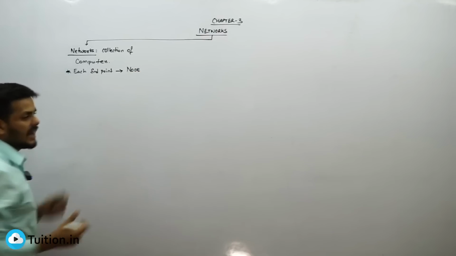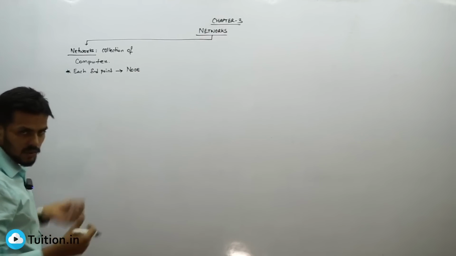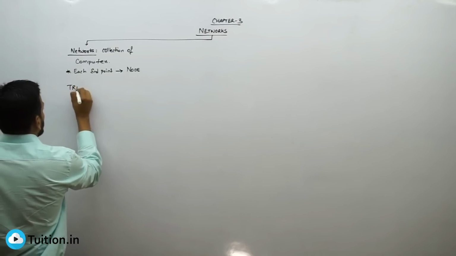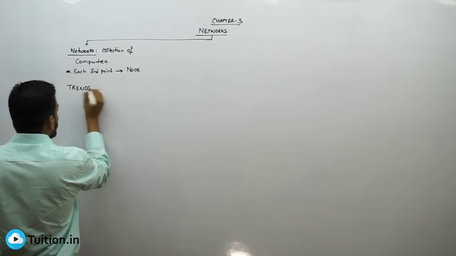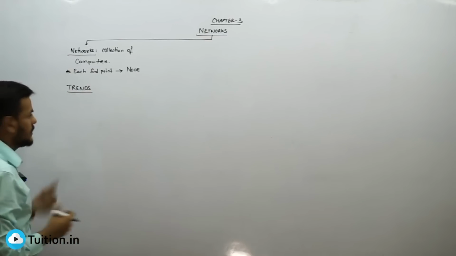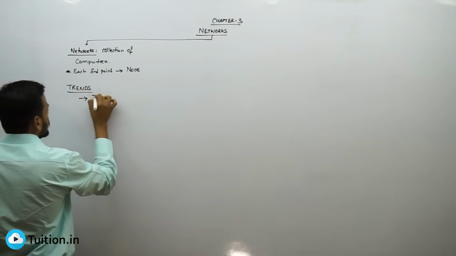And why did we really have to start using computer networks is the question. The answer for that is that trends have changed, right? So we have some changed trends, and we have 3 things that have changed.